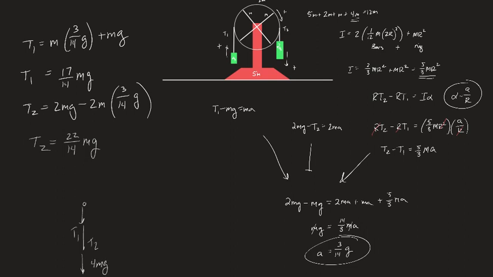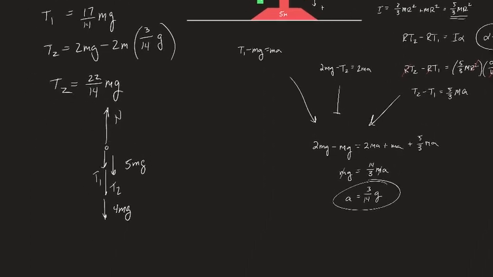That's the weight of the wheel. Yep. And then there's also 5 mg, the mass of the stand. And then normal force up. So we add all that together to figure out what the normal force is.